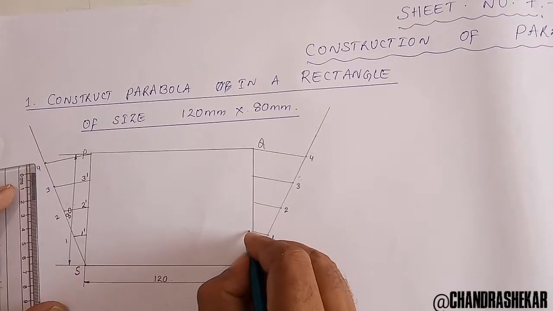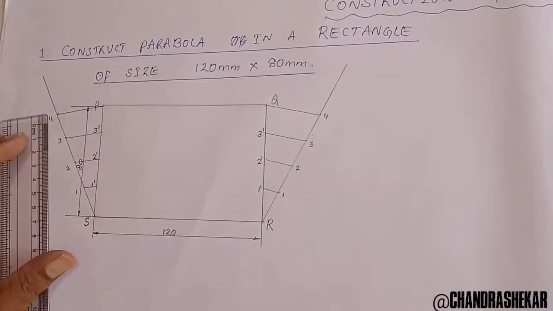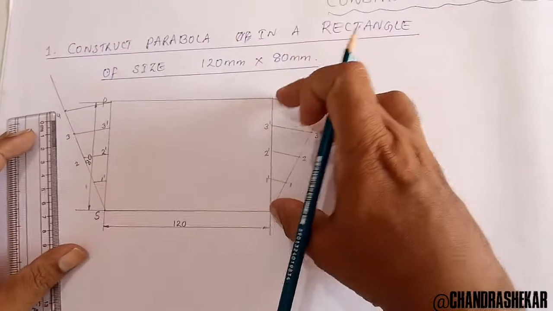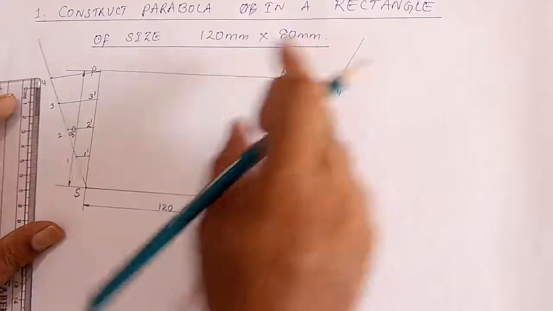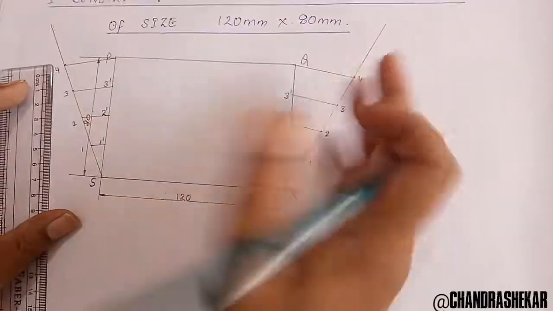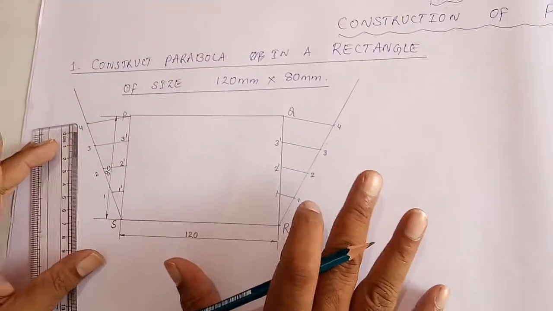Let these be 1 dash, 2 dash, 3 dash. Like this, divide QR into 4 parts. Since it is 80 mm, you can take 20-20, but if sometimes they give you 70, you have to adopt this procedure.